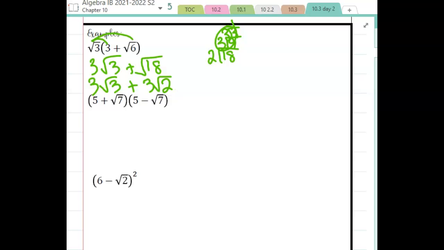Now when I simplify these together, they're still not like radicals, because it's a square root of 3 and a square root of 2. So you do need to simplify it because it's in simplest form, but you could not combine these together. You would just need to leave them separate. So that's how you would use the distributive property with these.